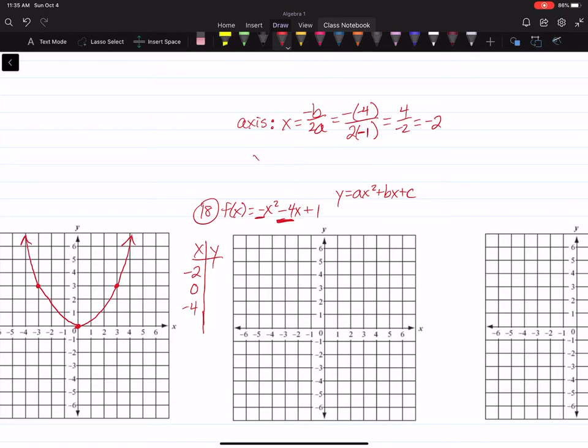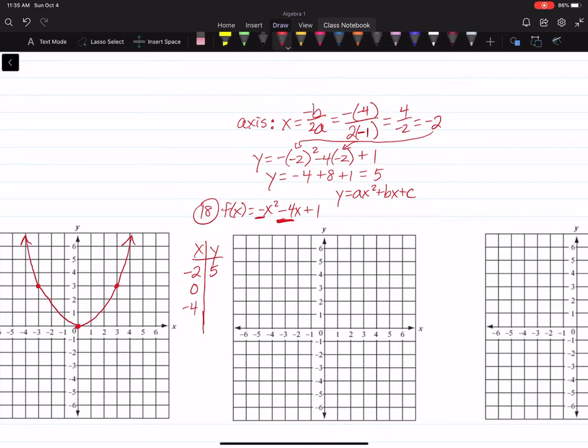To get your y, you plug it in. Y is going to be negative parentheses squared minus 4 times parentheses plus 1, and you plug in your negative 2. You get negative 4 plus 8 plus 1. That is 5. So negative 2, 5.